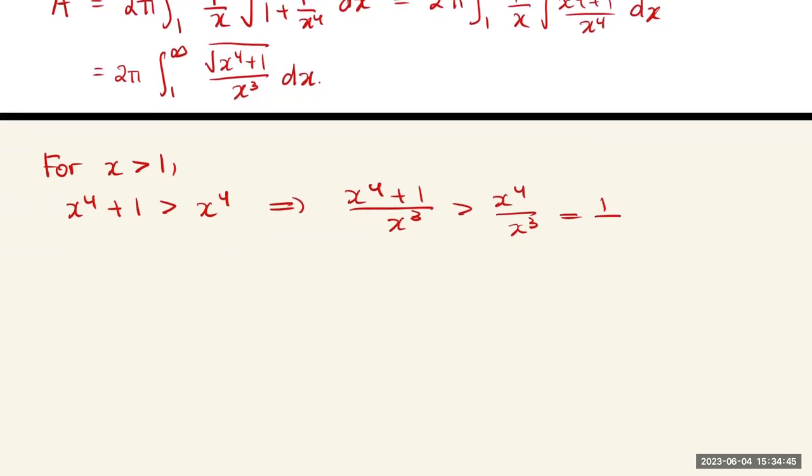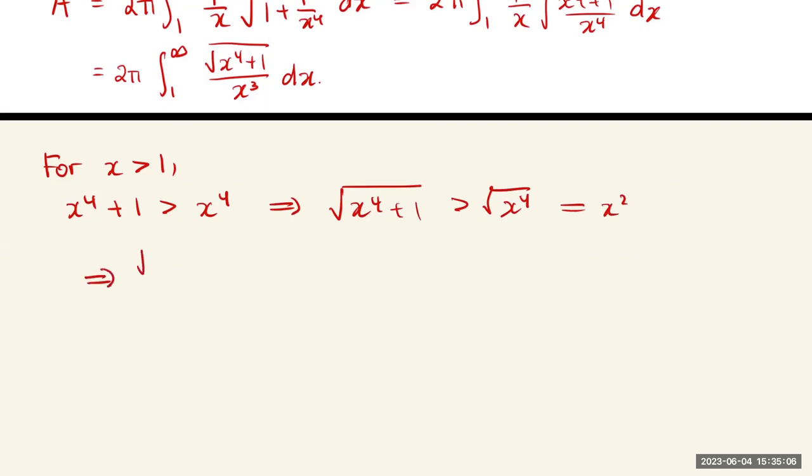No, because if we take the square root on both sides first, we have the square root of x to the 4 plus 1. This is still going to be larger than the square root of x to the 4, which is x squared.